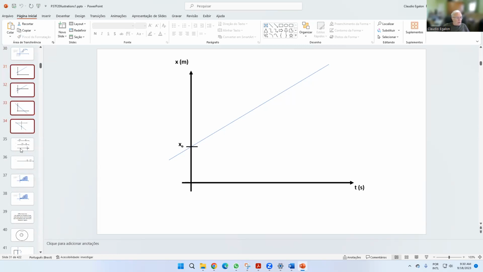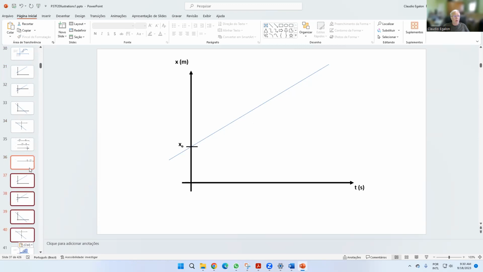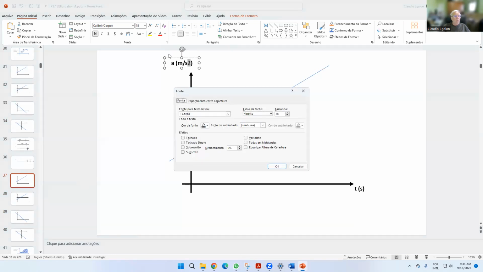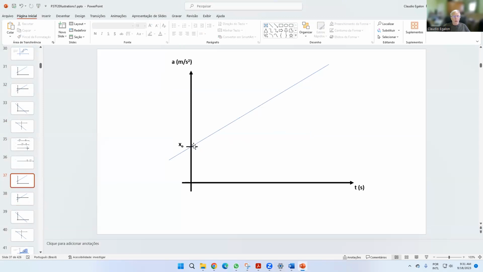for the other parameters. First, let's start with acceleration. The acceleration for uniformly accelerated motion is going to be something like that.